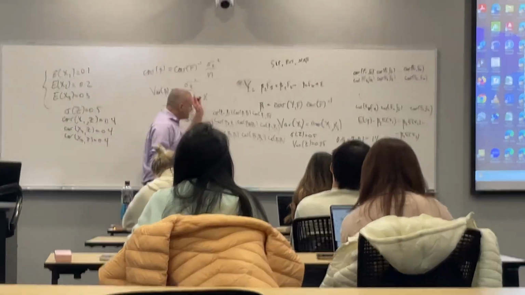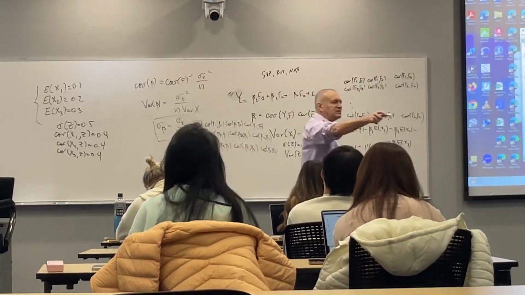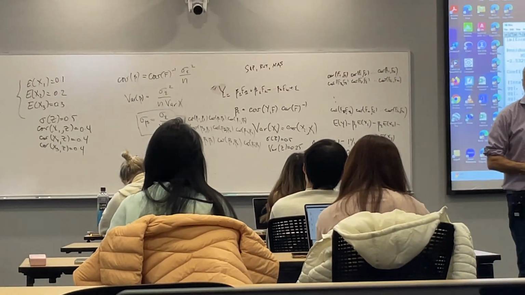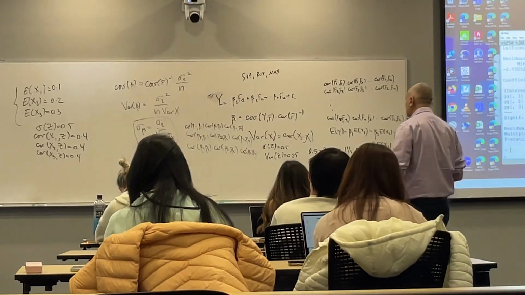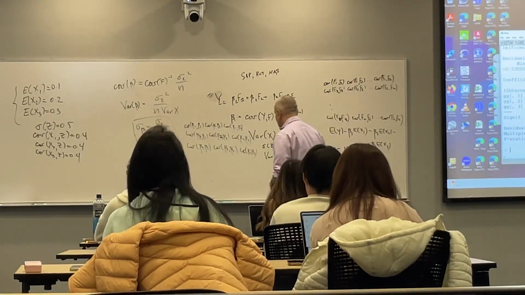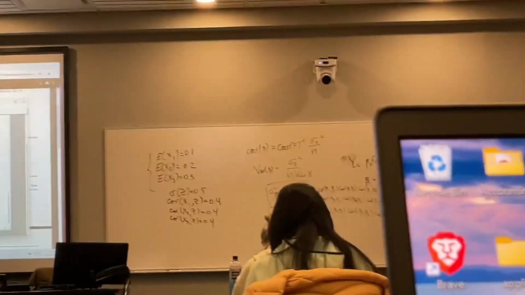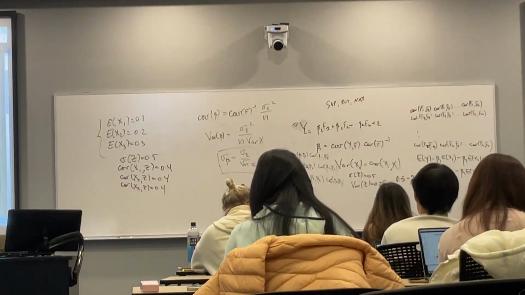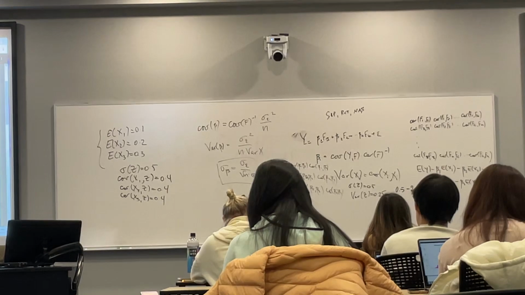Right? The diagonal are the variances. You know the variances, how do you find the sigmas? What do you do? Exactly, square root, excellent. Okay? So you need to find the covariance matrix, look at the diagonal, which is your variance, and then take the square root of the variance. Is this clear? Good.